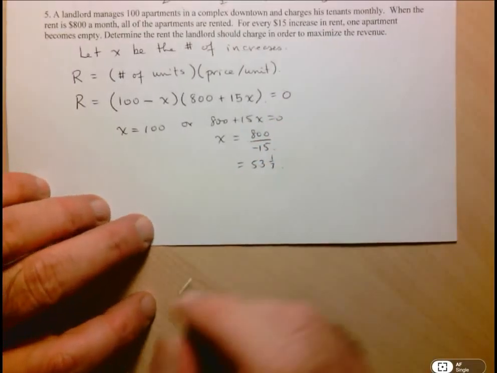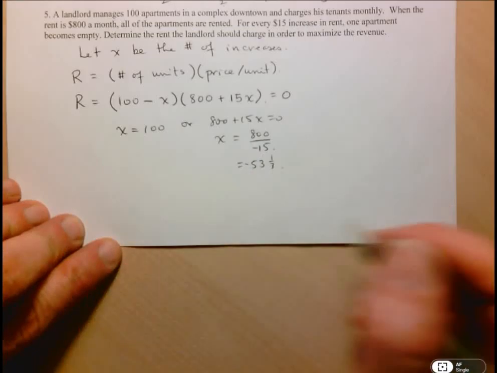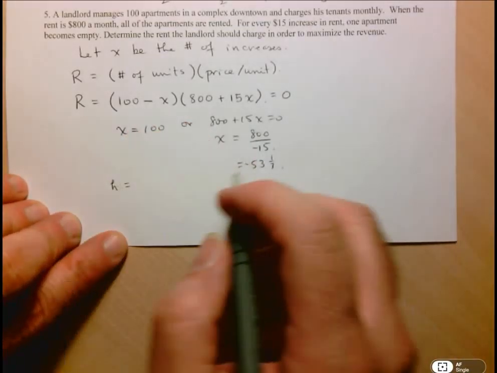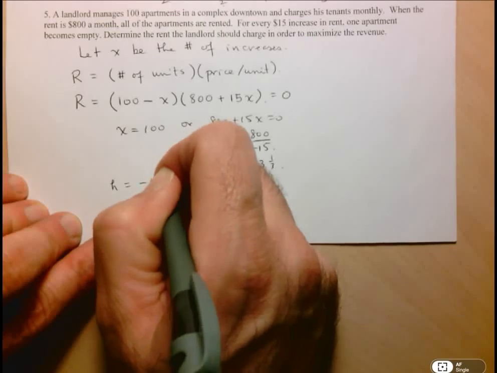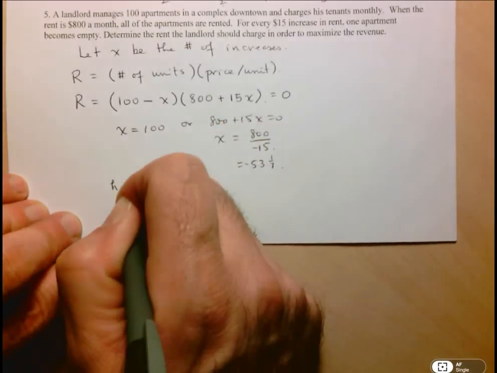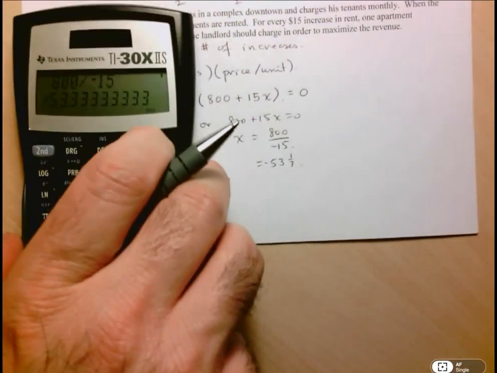Now in order to find the x value of the vertex, or the h value, we're going to average these out. So negative 53 and a third plus 100, divided by 2. Might as well use what I already have on my calculator.